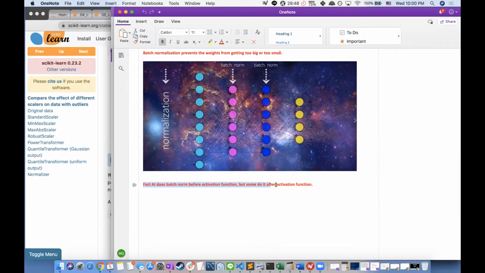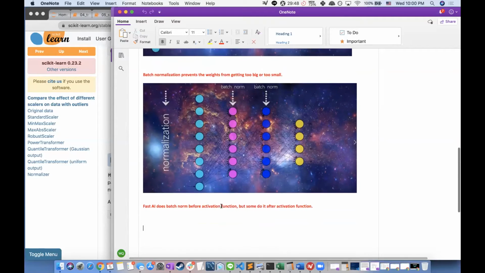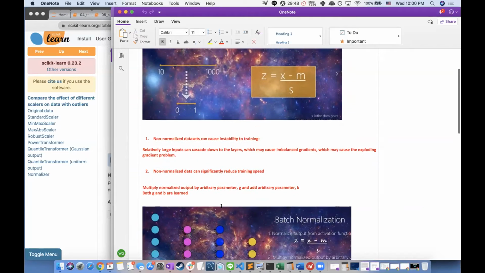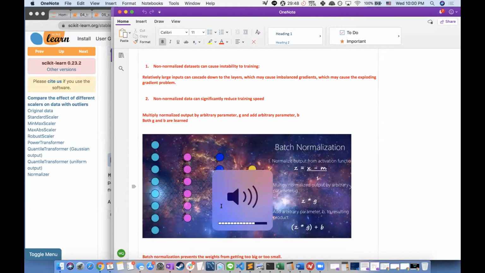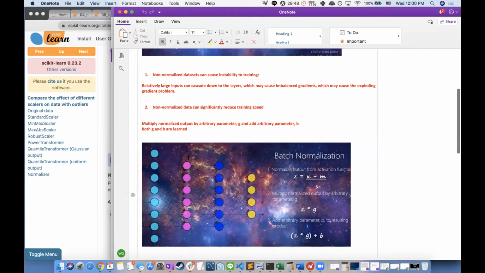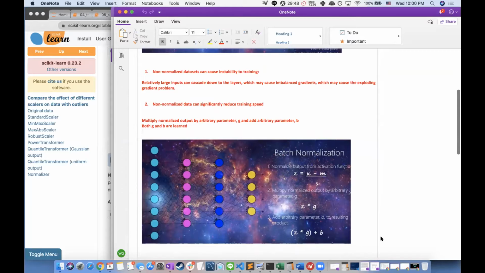FastAI does batch norm before the activation function, but some do it after. I think the b and g are learned just like the weights. At the end of the training, you get good values for b and g, and then you use that for your prediction. So one value is fitted for the entire data set, not one value for every batch. That's what you're saying, right?